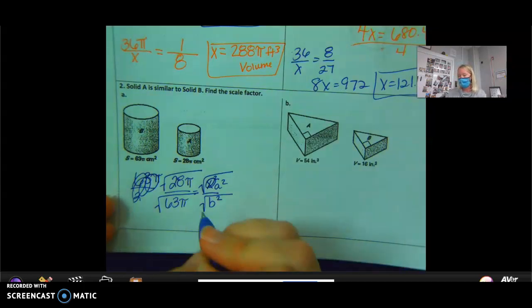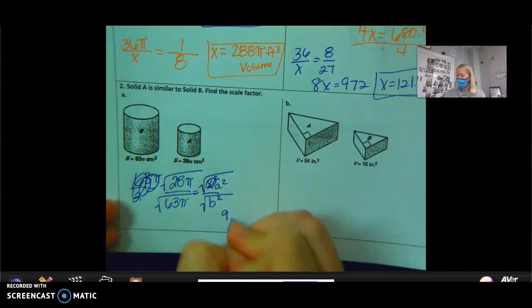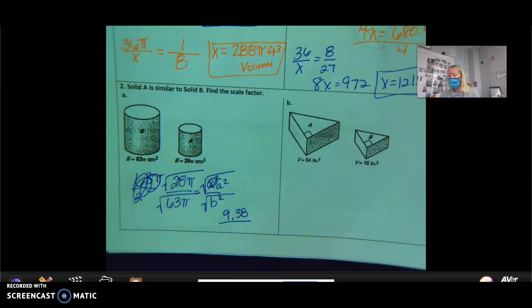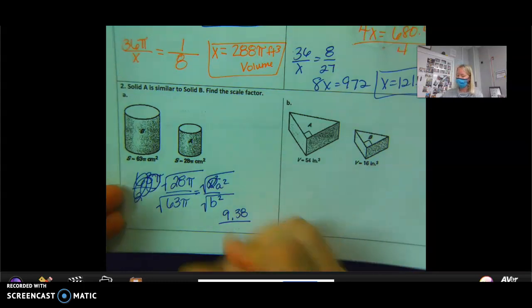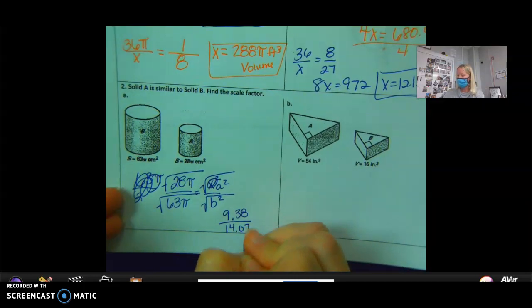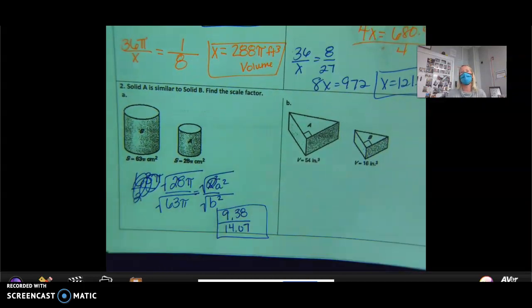Round to the nearest hundredth. 9.38. And what is the square root of 63 pi? Yep. There's your ratio. If those were whole numbers, then you would reduce them down if you could. We have decimal numbers there.